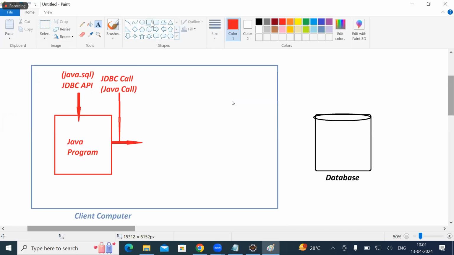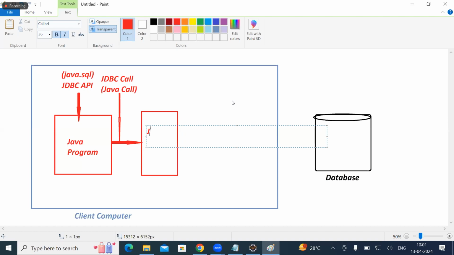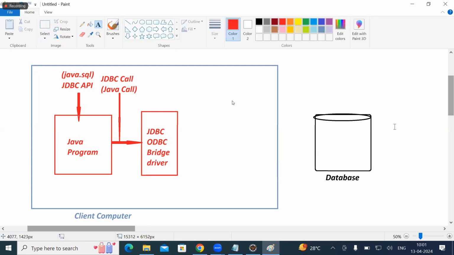So I'll take the support of the JDBC-ODBC bridge driver. This JDBC-ODBC bridge driver, a small program, will take this request.